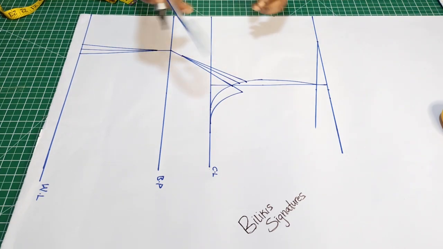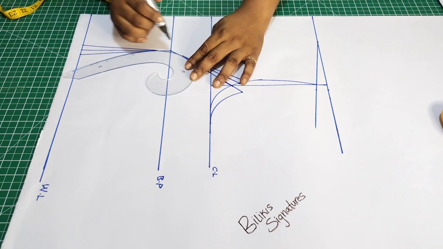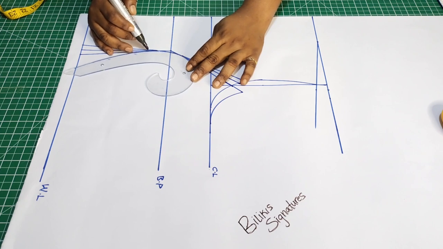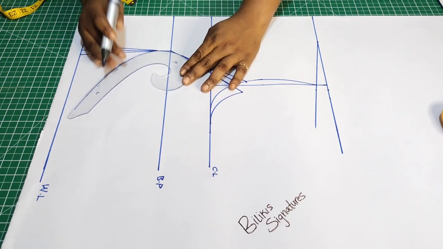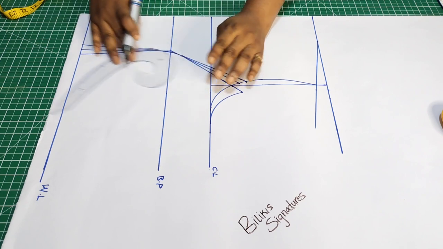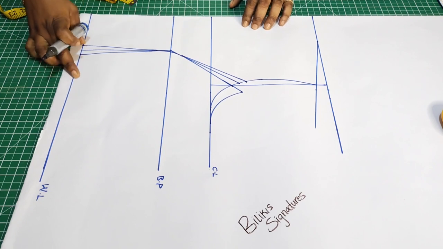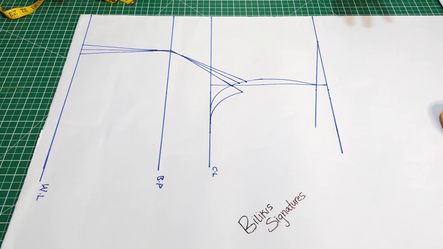And I'm going to take my armhole curve and blend up this area. So this is what the princess line looks like. Can you see that? That's because she's not so busty. But the more darts you take, the more prominent this part is going to be. This is for the classic.